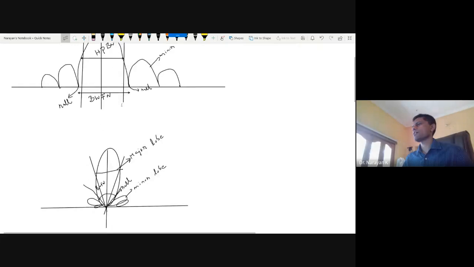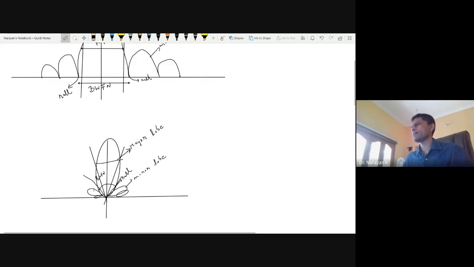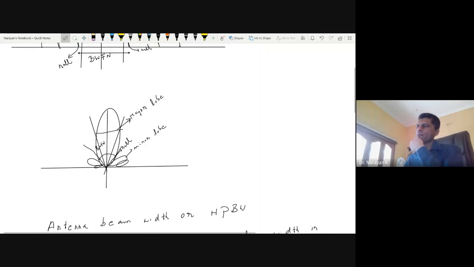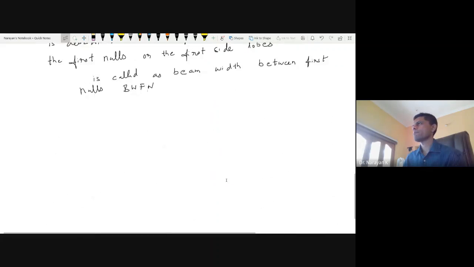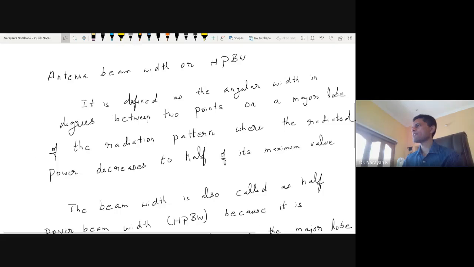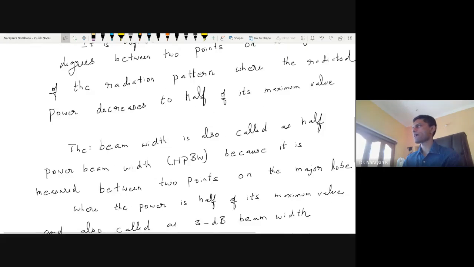So if you are measuring the radiation pattern between the first nulls, then it is known as BWFN. This is half power beam width. You have understood two concepts here: half power beam width is the angular width in degrees between 2 points on the major lobe of the radiation pattern when the radiated power decreases to half of its maximum value.